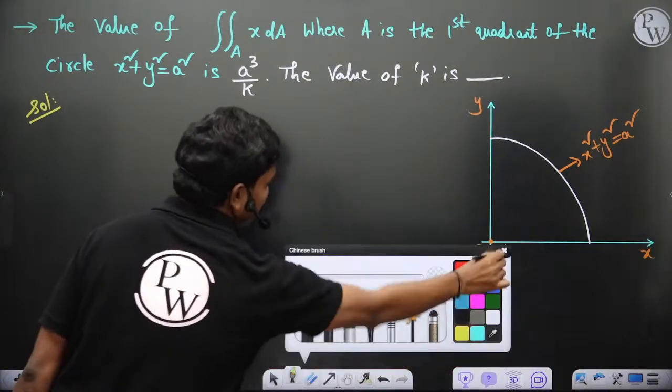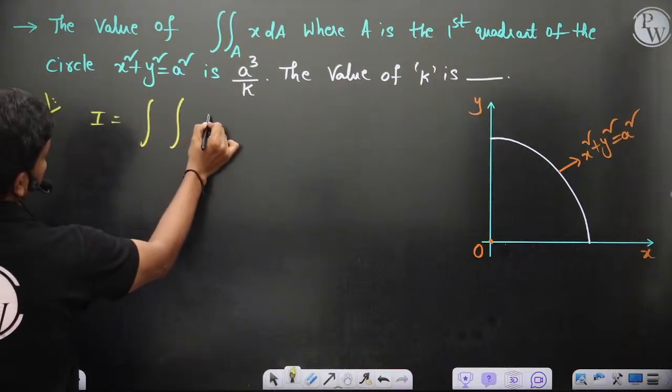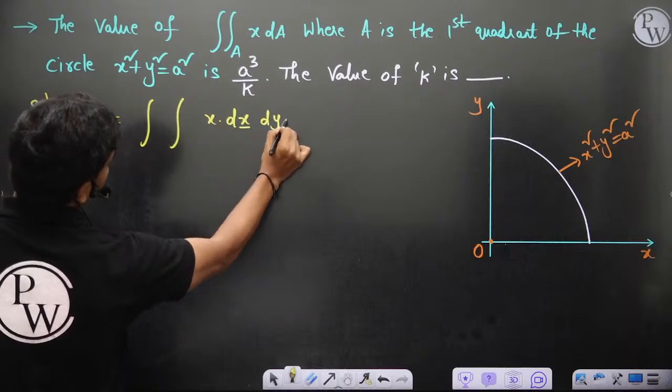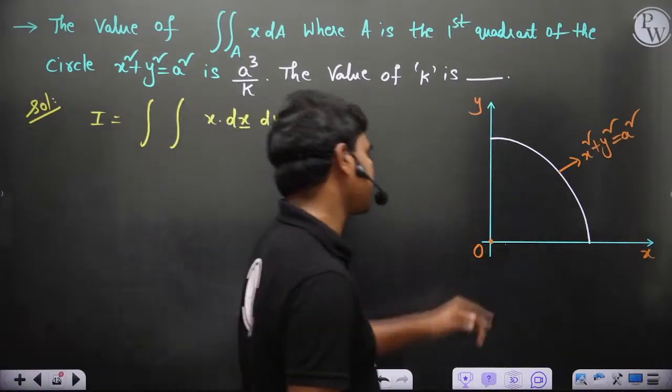So solution, I is equal to integral x times, let's take the first integrating variable to be x, and y of course. So if the first integrating variable is x, let us consider a horizontal step in this region.